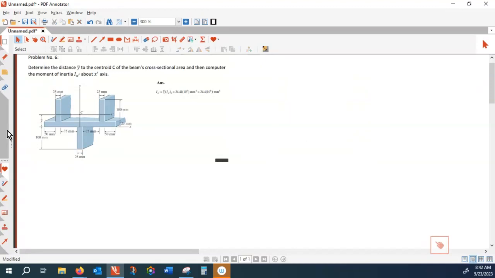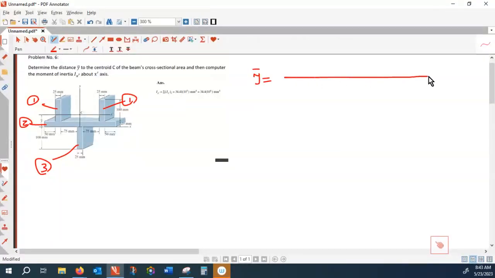All right, my reference is at the bottom of the second shape. So this is 1, that is also 1, that is 2, and this one is 3. Okay, so first things first, you want to find the y bar.